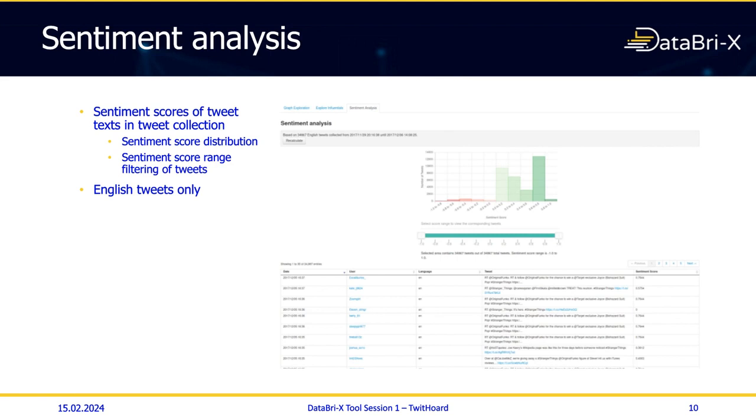The distribution of the sentiment score is presented in a chart, and the user is also given the ability to filter the tweets and present only the tweets that fall within a specific sentiment score range. This is available for English tweets only.